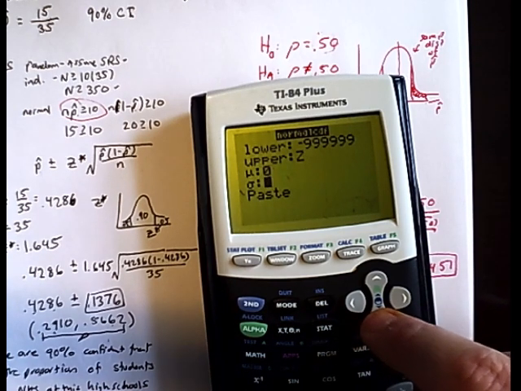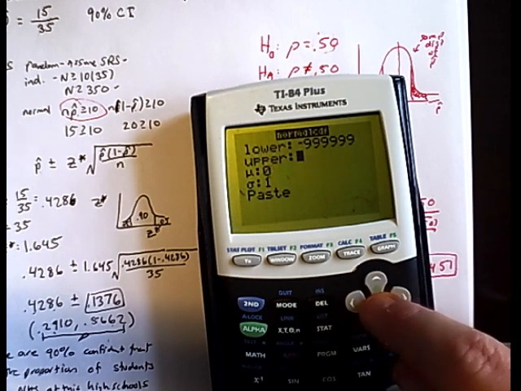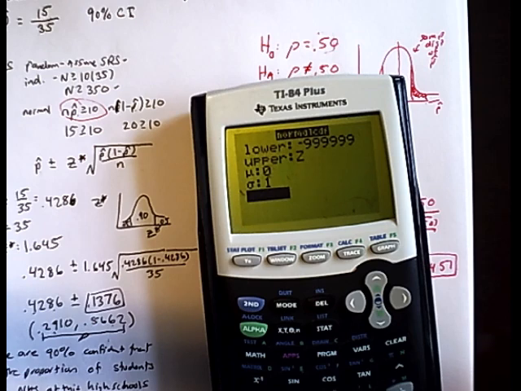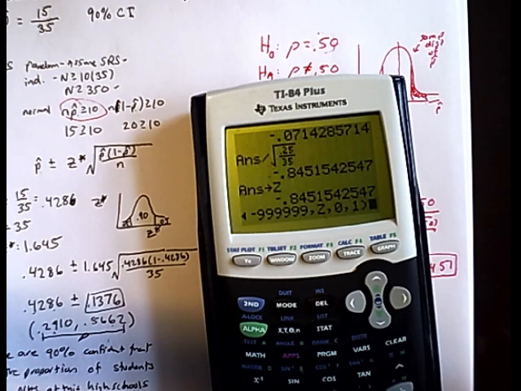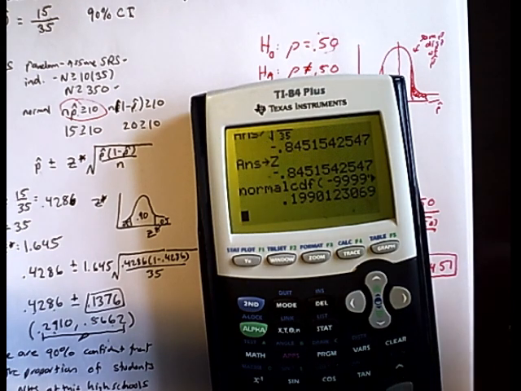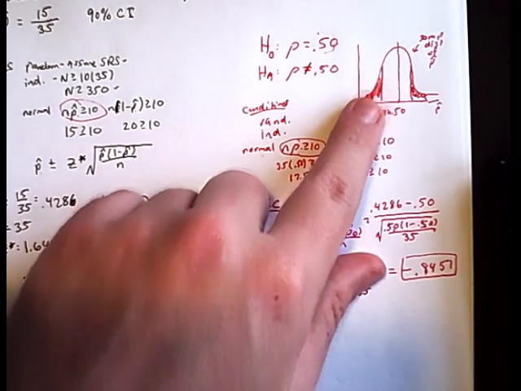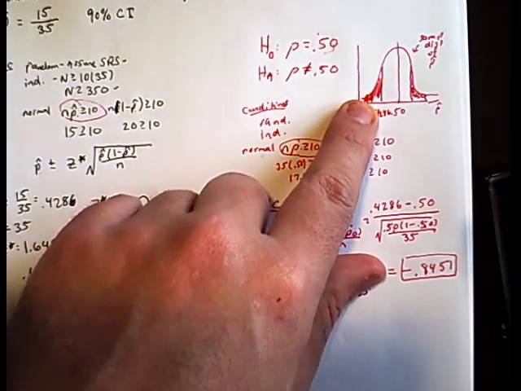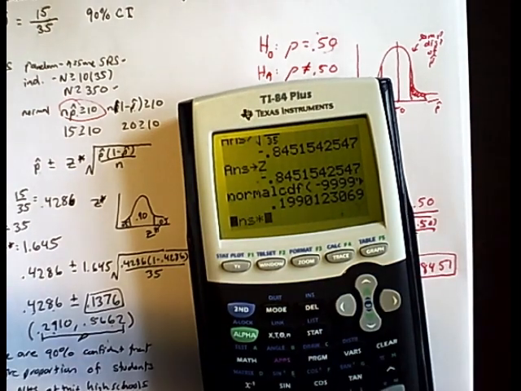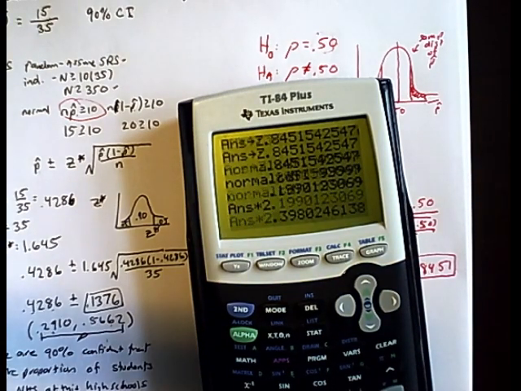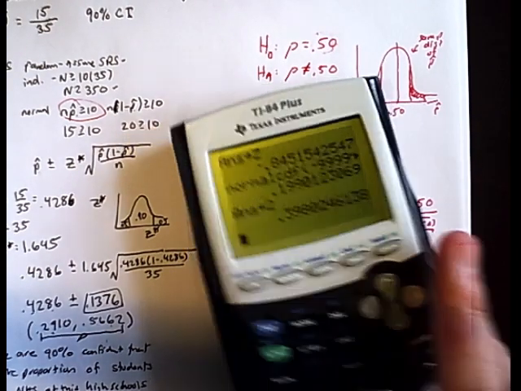These are Z-scores, so they're standardized already, so that's 0 and 1. We leave that there. Hit paste, hit enter. Now that's the area of the left tail, just about 20%. But since it's a two-tail, we have to double it: 0.398.